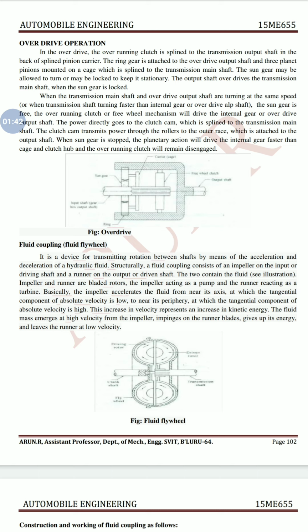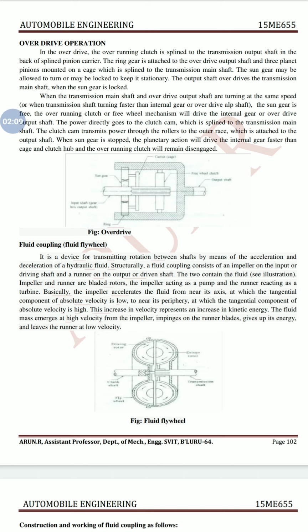The overdrive allows the engine to operate at lower RPM for a given road speed, so even at a low speed we can run the engine. It gives better fuel efficiency and quiet operation, and is especially used on highways and slopey areas. It can be switched off in mountain areas when there is more load.